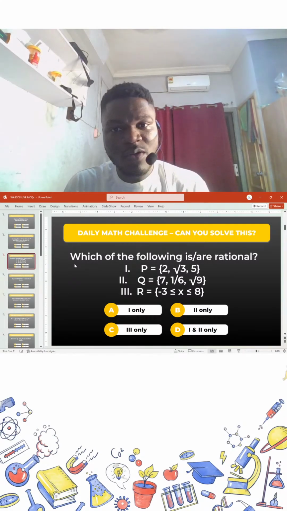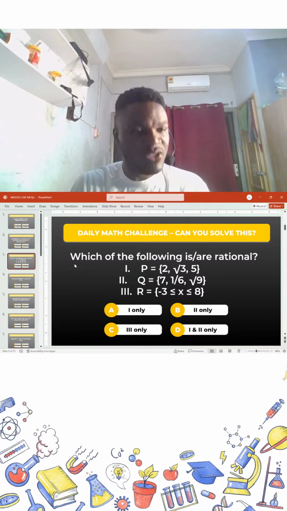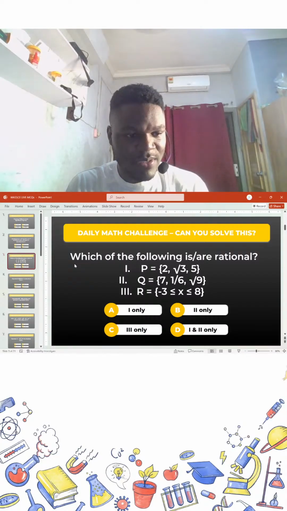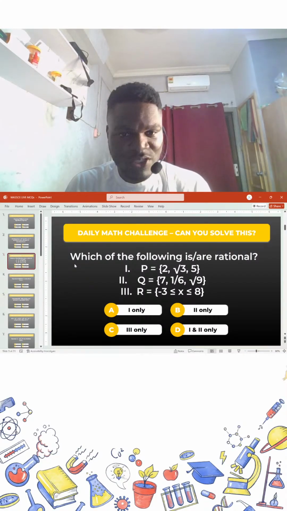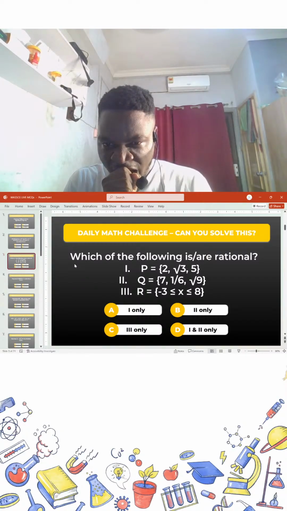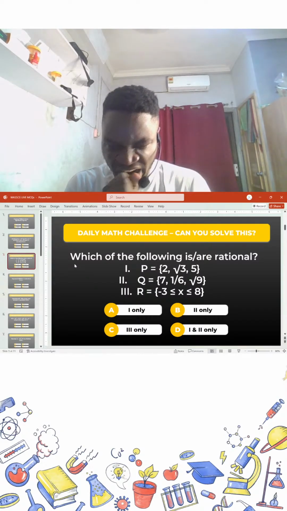So we have here, which of the following is or are rational? Okay, rational numbers over here. We have I, P is equal to the set of numbers 2, root 3, and 5. Then we have Q. Apologies, guys.